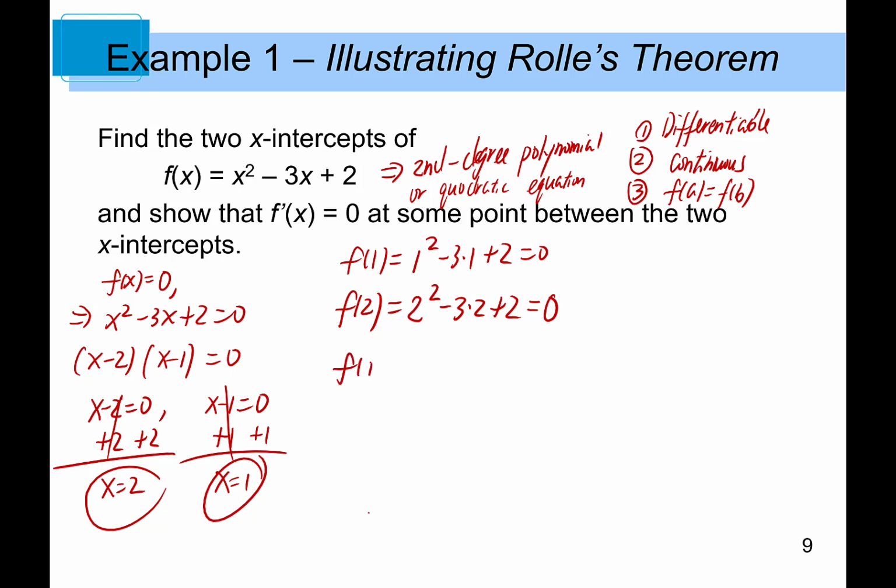That means f(1) equals f(2), and the third condition is verified. The second condition is differentiable in the open interval (1, 2).